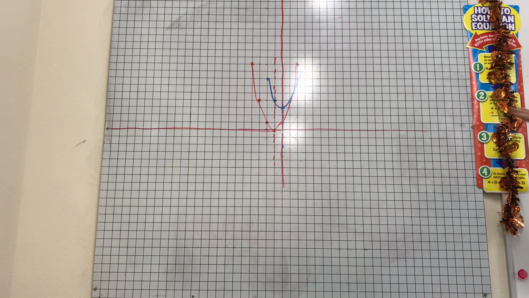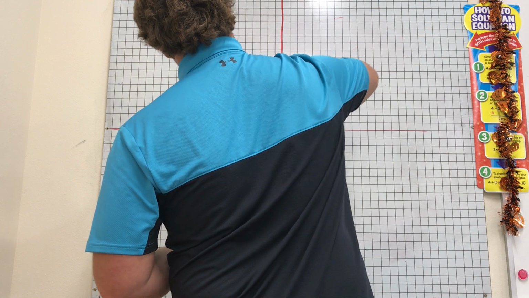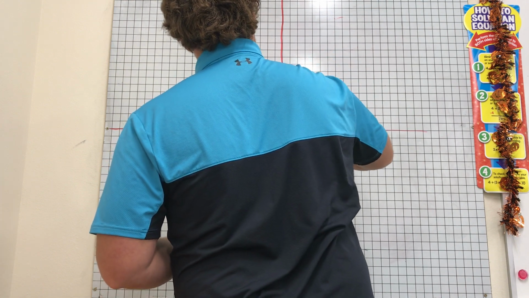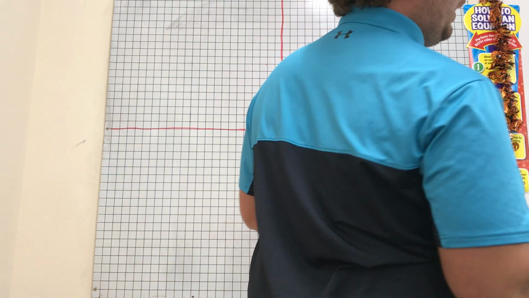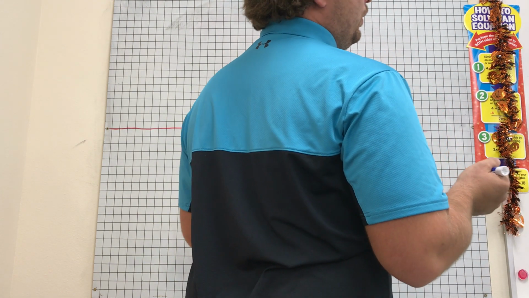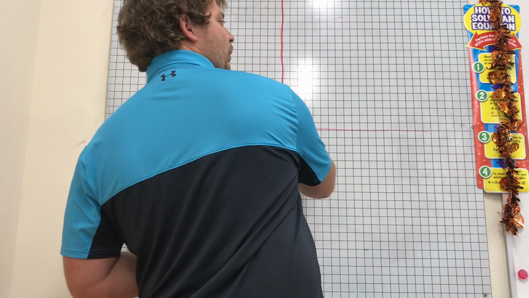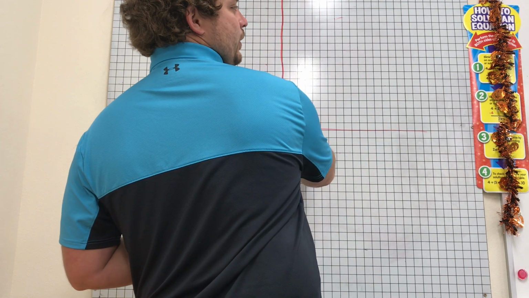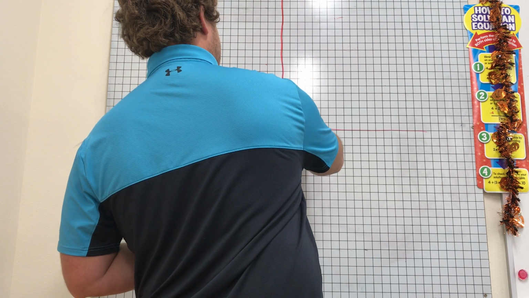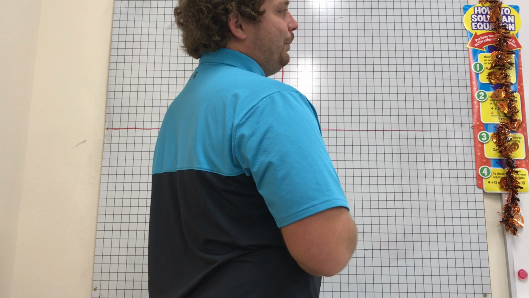So, we have negative 2, x minus 1, plus 3. So -1 means I go to the right one, and it says +3, so I'm going to go up 1, 2, 3. That is going to be my vertex.